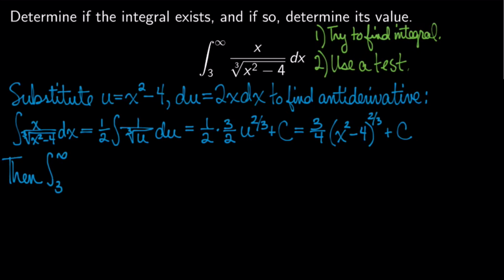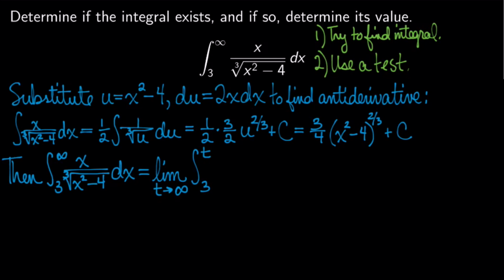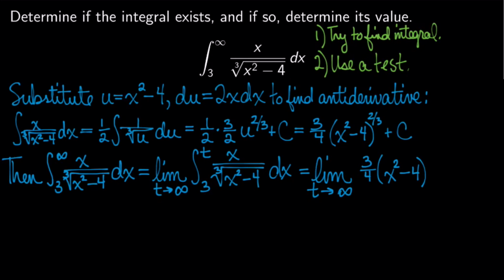Let's go back to the main problem. Here is my improper integral. Here is that improper integral expressed properly as a limit as t goes to infinity. And notice the infinity symbol replaced with a t right there. So nice. Next, I replace the integral here with this evaluation here.